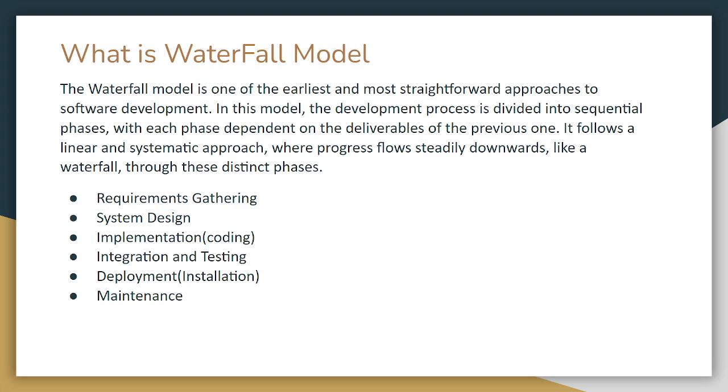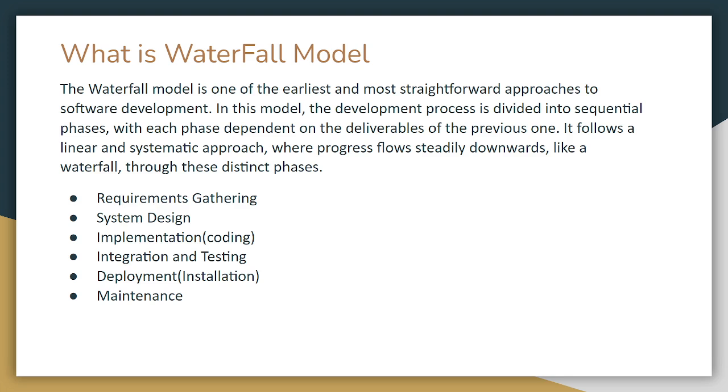The waterfall model is a sequential software development process model where progress is seen flowing steadily downwards like a waterfall through several phases. Each phase must be completed before the next phase begins. To understand, the waterfall model is one of the earliest and most straightforward approaches for software development.